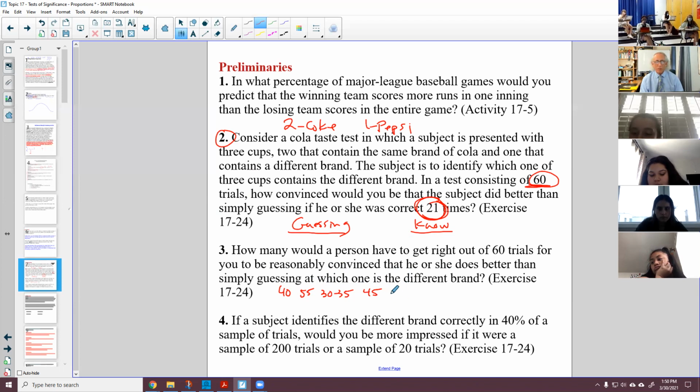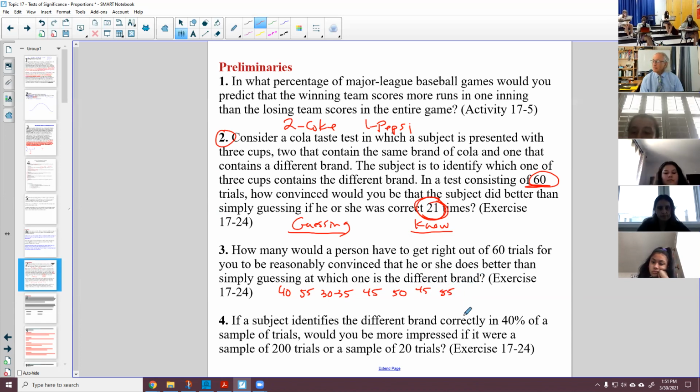Okay, Alexi, how many? Maybe 50. Again, you're pretty tough. Sylvia, what do you think? 45. Caitlin? I would also say like 55. My God, you guys are really hard.